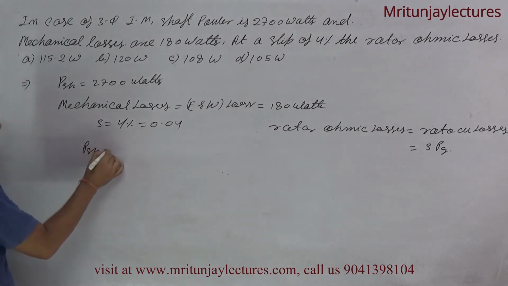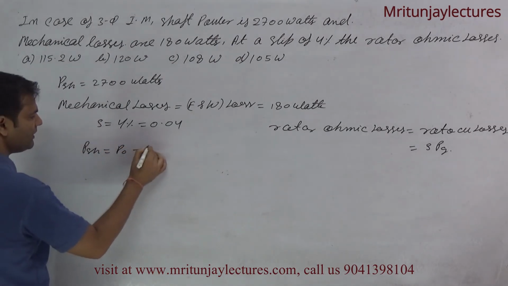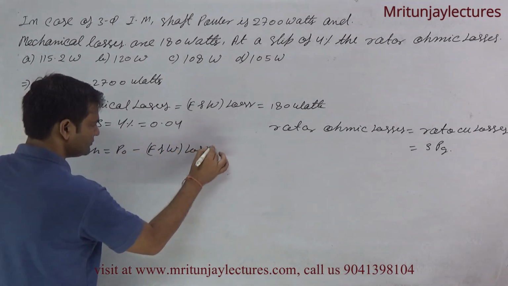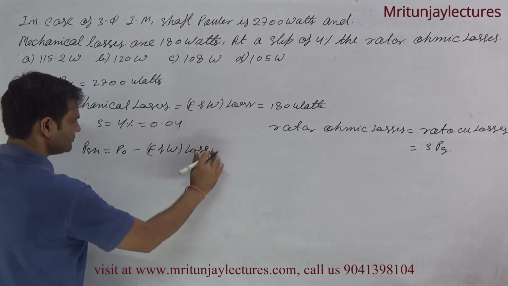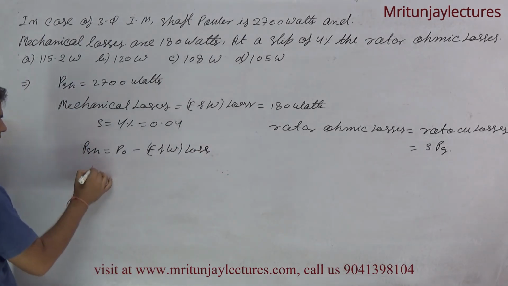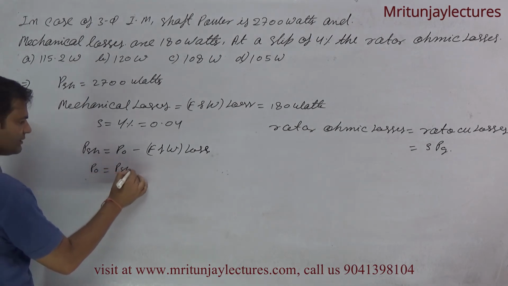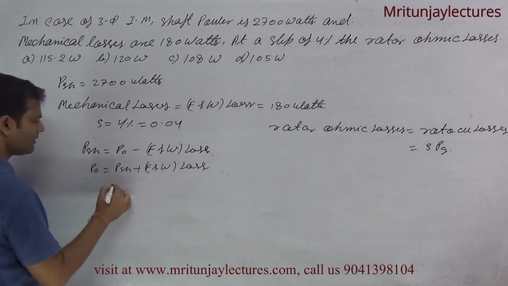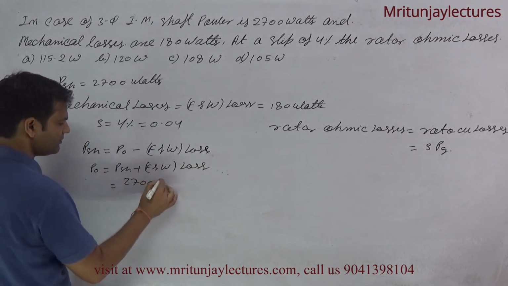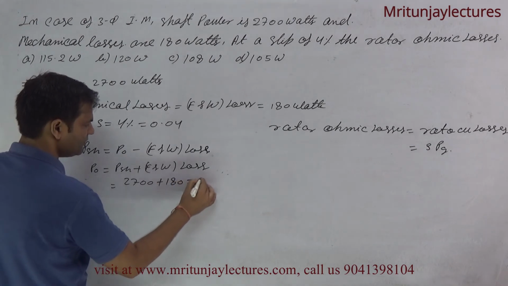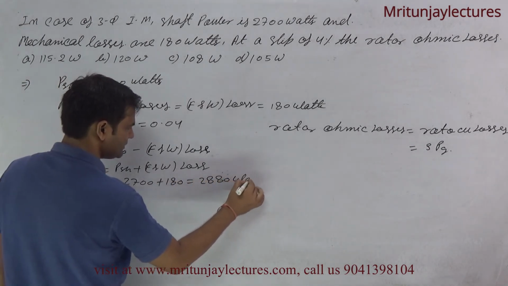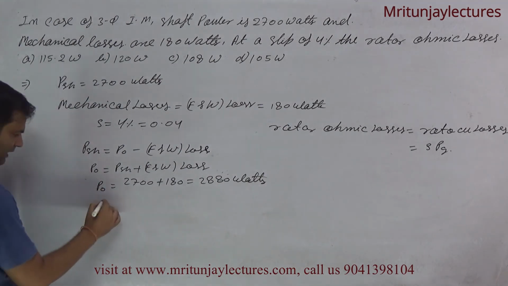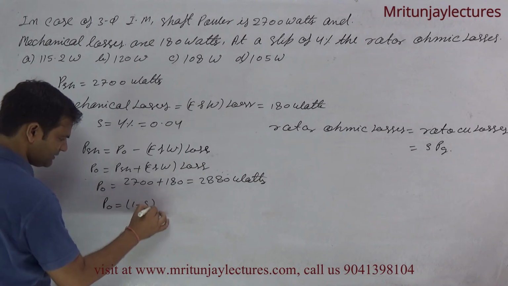I know that P_SH is equal to P0 minus friction and windage loss. So P0 is equal to P_SH plus friction and windage loss, 2700 plus 180, which is equal to 2880 watts. That is P0. And P0 is also equal to (1 minus S) into PG.